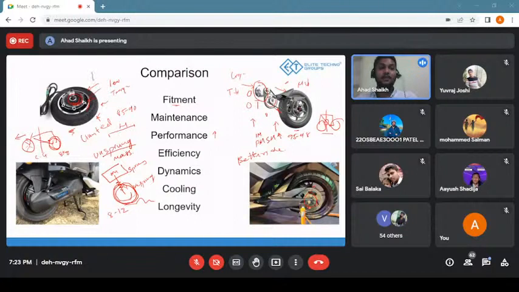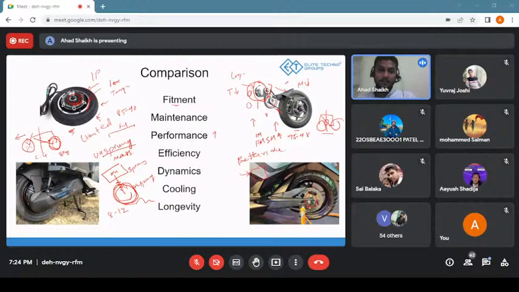If the IP rating is not that high, all the environmental conditions will affect the longevity of this BLDC hub motor. But a mid-drive motor is completely enclosed inside the vehicle body, so it won't be in contact with any sort of environmental abuse. So that's how we can say it will have a long life.